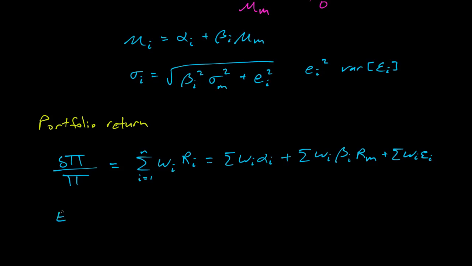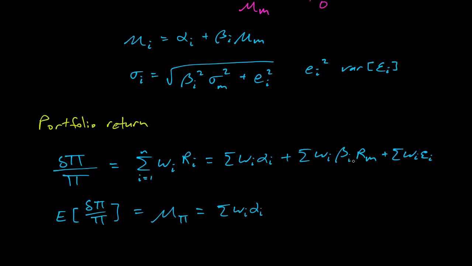Now we can go to the expected return. What's the expected return of our portfolio? We'll call that mu of pi. So this will be the sum of the Wi alpha i's.